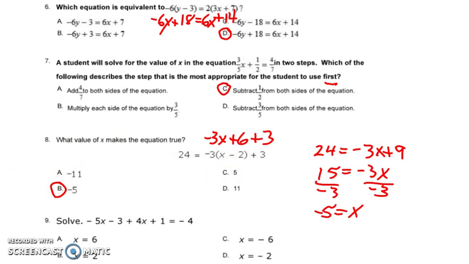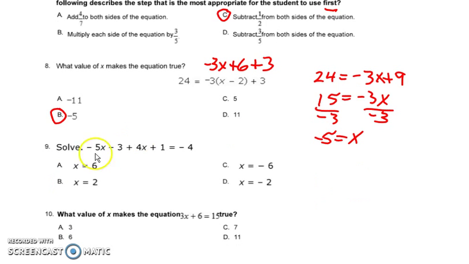And when it says what makes the equation true, it's just asking you to solve for x. Number 9. Negative 5x minus 3 plus 4x plus 1 equals negative 4. Combining like terms, negative 5x plus 4x is negative x. So that would be negative x. Negative 3 plus 1 is negative 2. So that's negative x minus 2 equals negative 4.